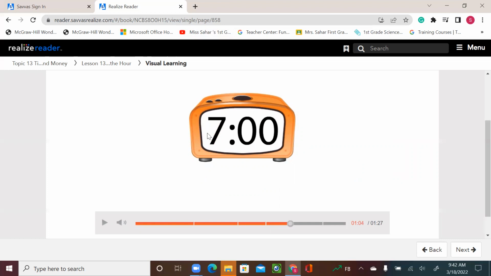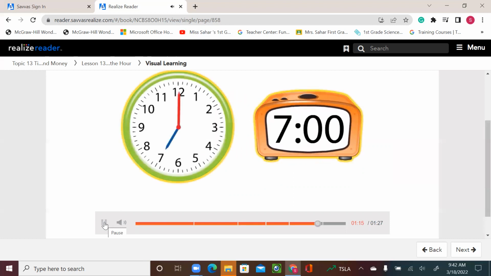All right, so if this tells the hours, that means these two zeros, or the number after the two dots, will tell the minutes. So 7 tells the hour and 00 tells the minutes.